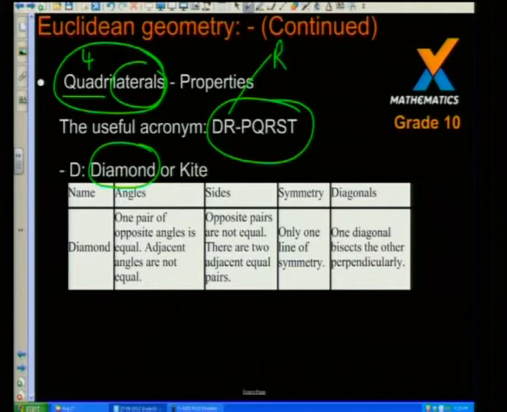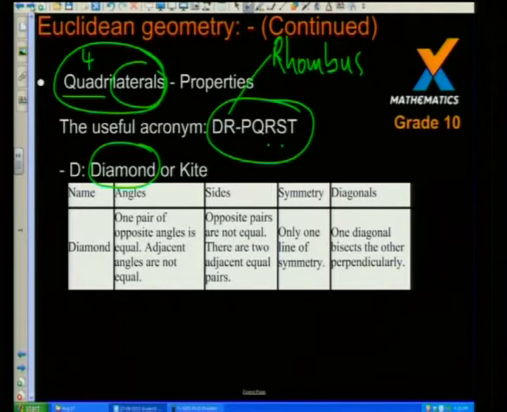Let's take a rhombus, because I think it's nicer to have a rectangle next to a square. So let's call this one a rhombus. Then the P will be for a parallelogram.